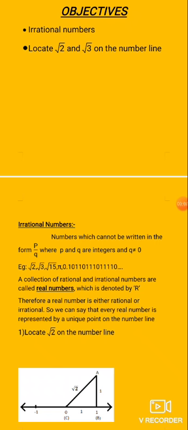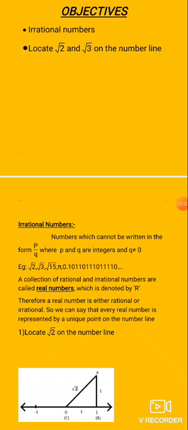Irrational numbers. Numbers which cannot be written in the form p by q, where p and q are integers and q not equal to 0. Examples: root 2, root 3, root 15, the value of pi, 0.10110111011110, etc. That etc. is important.